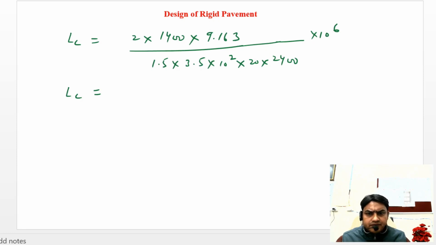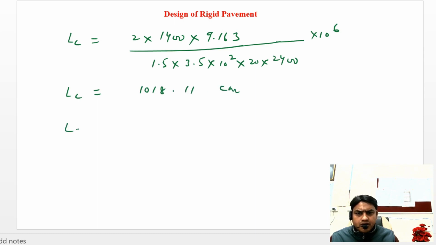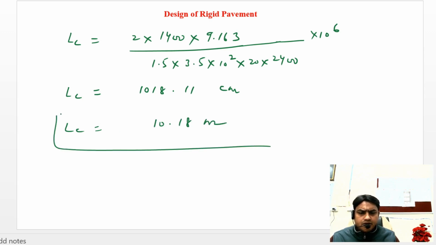If I compute this value, the length of contraction joint is coming 1018.11 centimeter, or we can write LC is equal to that divided by 100. So it will be 10.18 meter if I convert to meter.